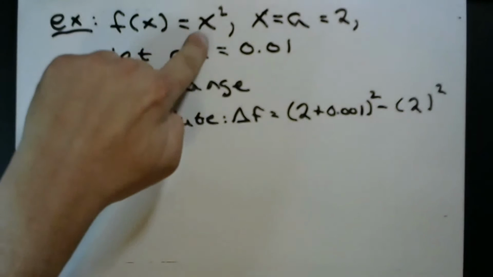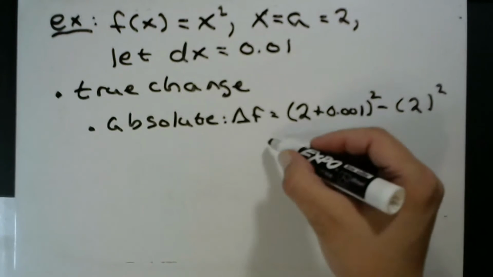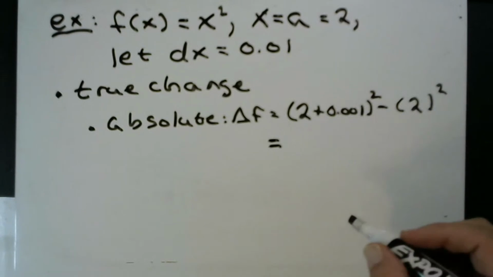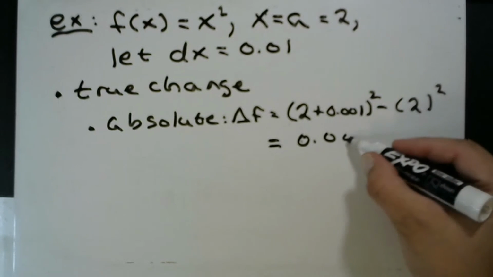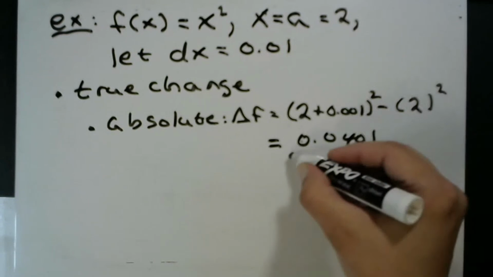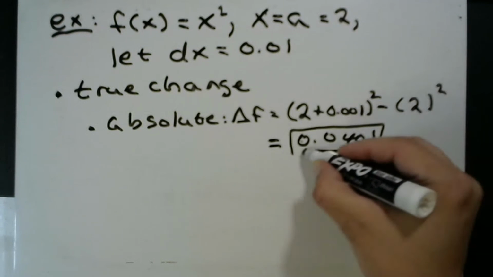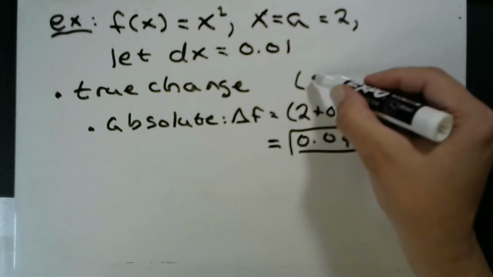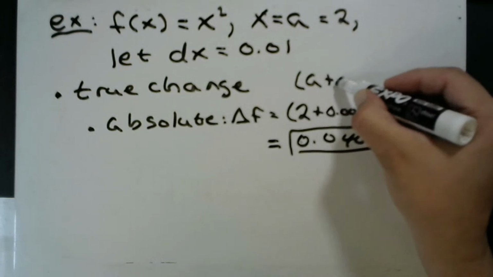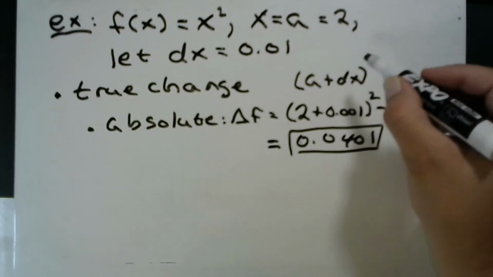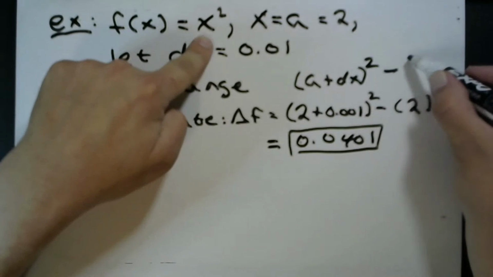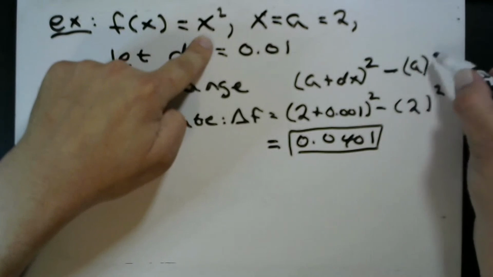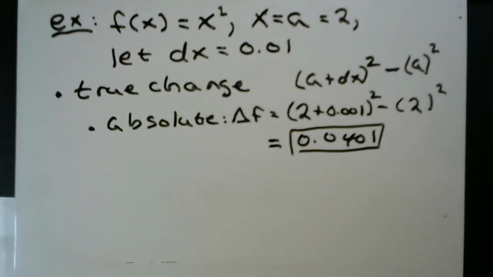Because again, this is x squared. And what this will come out to is this number. And just to kind of remind everybody, this will be a plus dx, and because this is x squared, this is squared minus a squared. And so that's where this is coming from.